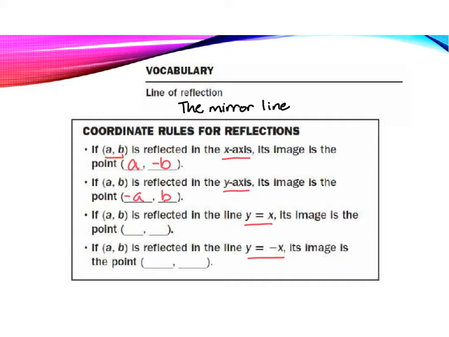If your reflection line is y equals x, (a, b) becomes (b, a). And if you are reflecting across y equals negative x, it becomes (-b, -a). So follow these rules to help you in figuring out where the points of your image are going to be located.